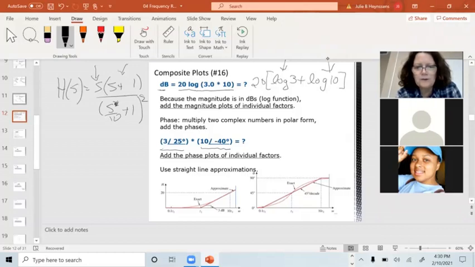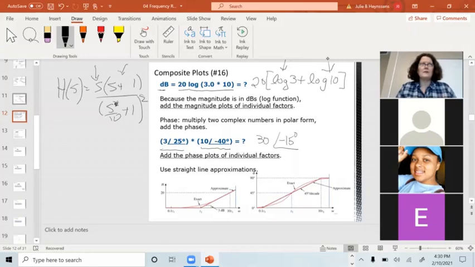So the phase of this thing would just be 25 minus 40, which is negative 15. If each one of these factors has a phase shift, and I multiply them together, all I have to do is add the phase shifts.